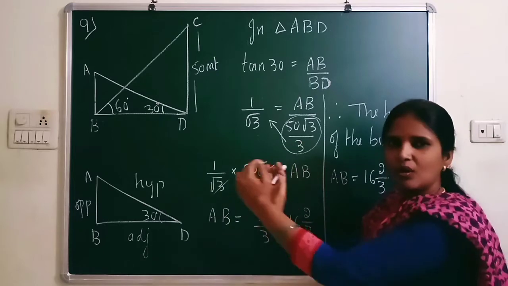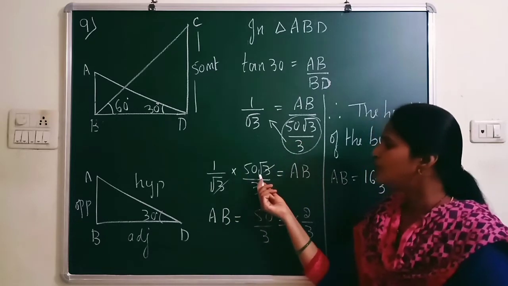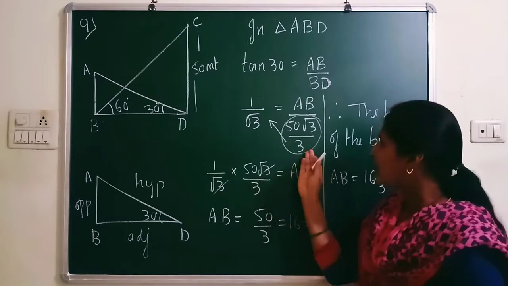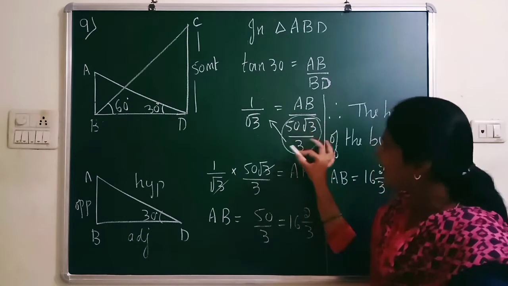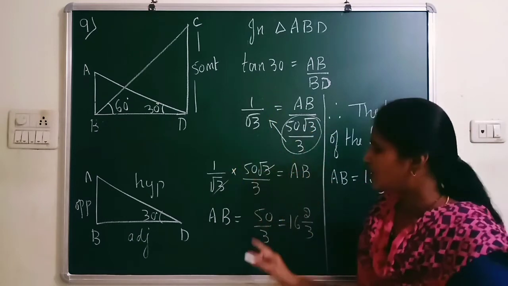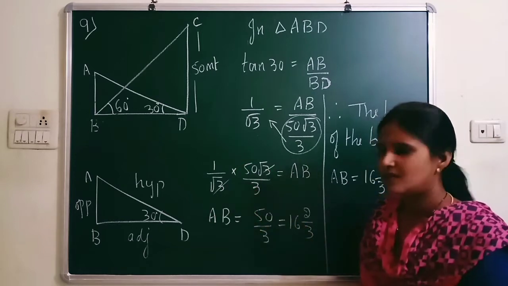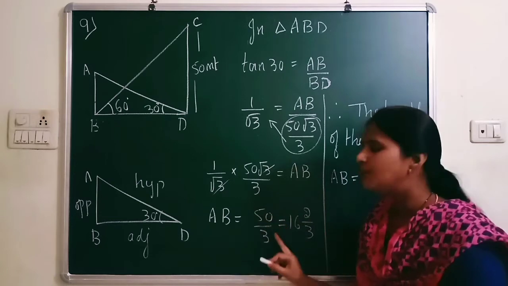As it is, it will go to the other side and become multiplication, that is into 50 root 3 by 3. Again, don't reciprocate here and don't get confused. Directly this full fraction you can send to the left side, then it becomes multiplication. You can see here root 3 and root 3 get cancelled. So, what you got? 50 by 3. So, the value of AB is 50 by 3.